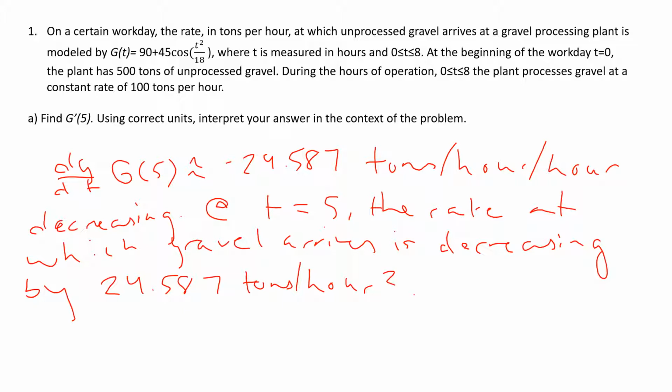And this is our justification here. You'll notice that I didn't say negative 24.587 at the end because I already mentioned decreasing, and that would be redundant.